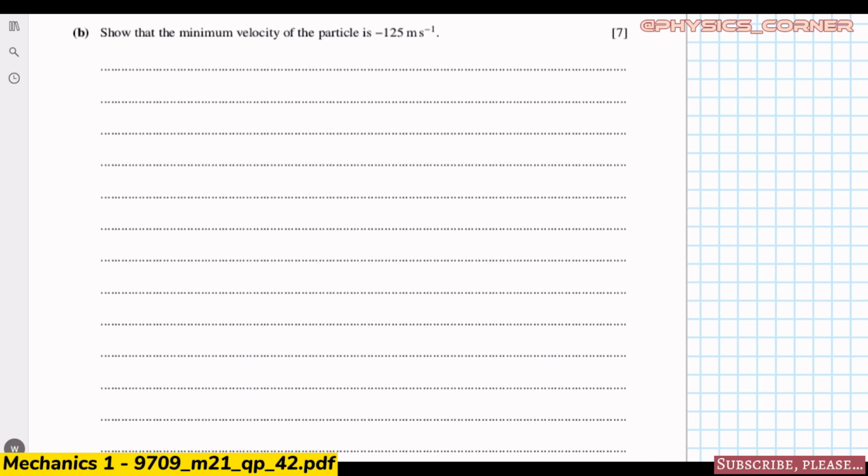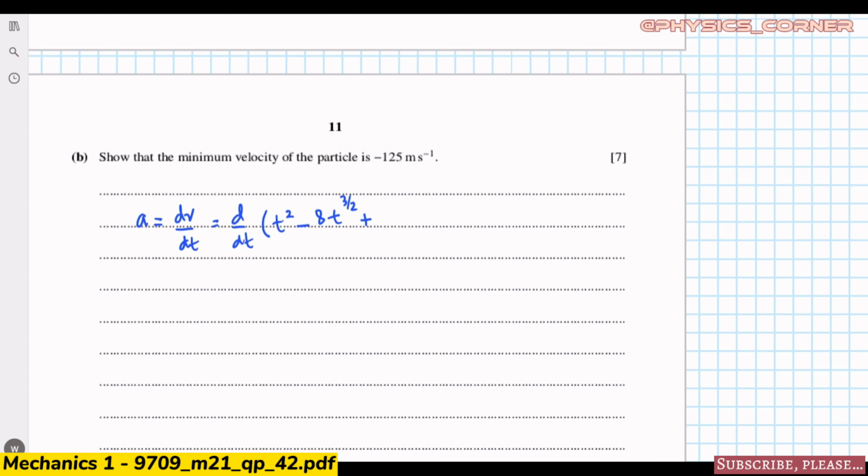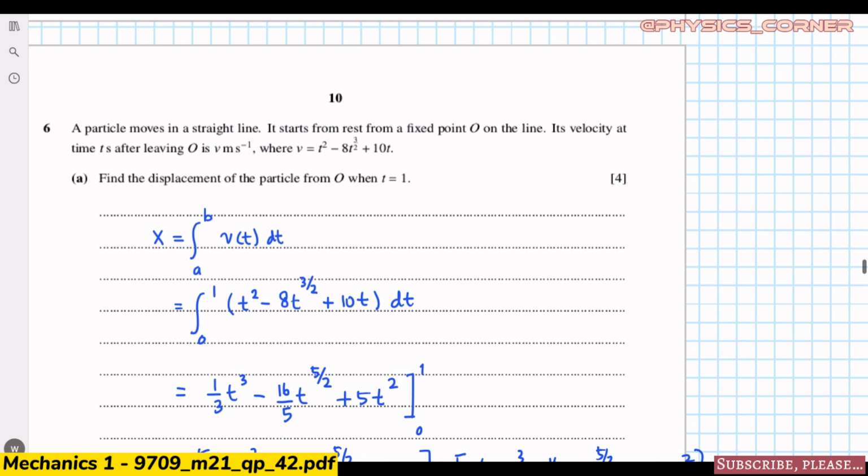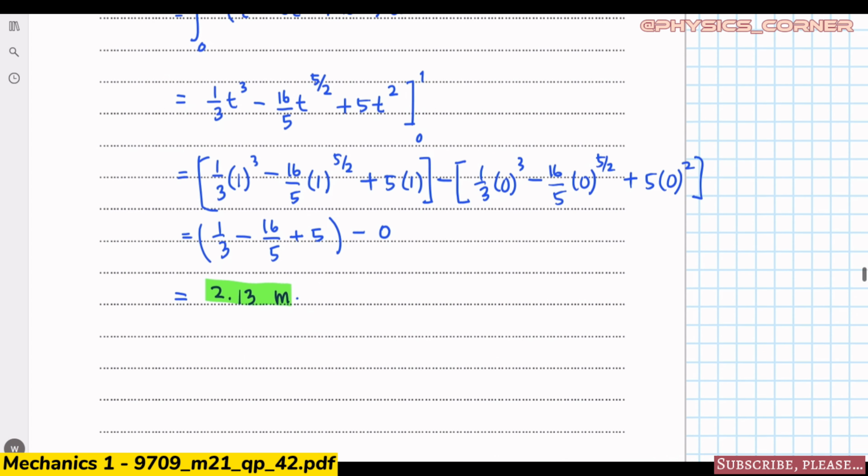The acceleration is dv per dt, and the velocity equation is this one here: t squared minus 8t power 3 over 2 plus 10t.